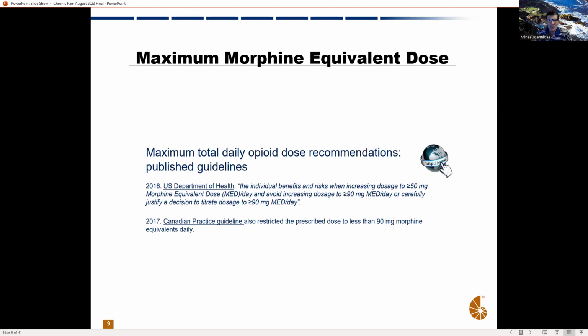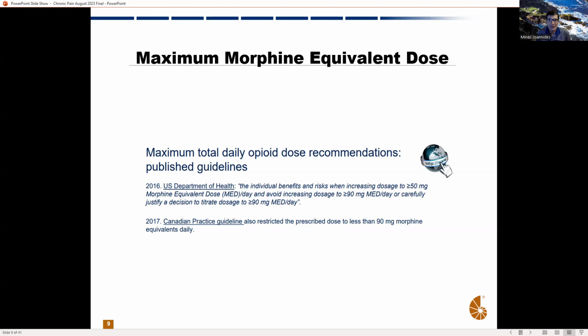Maximum morphine equivalent dose. So as I said, we're going to show you how to convert all the opioids into a morphine equivalent dose. The reason we're doing this is so that we can assess what is the total dosage that an applicant might be receiving when you look at the APS.